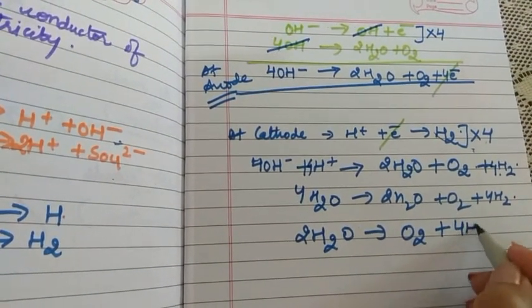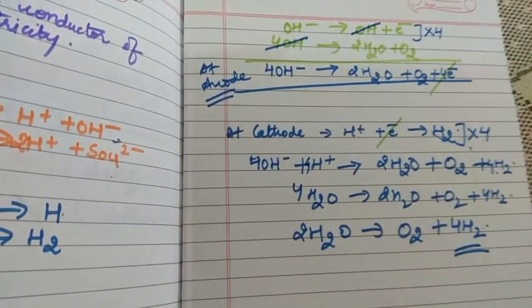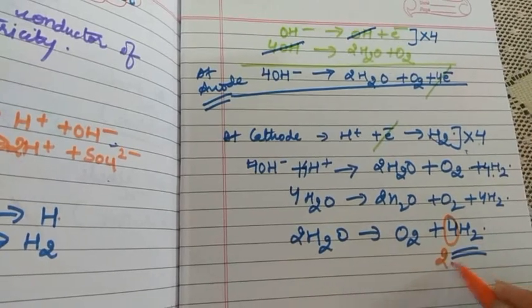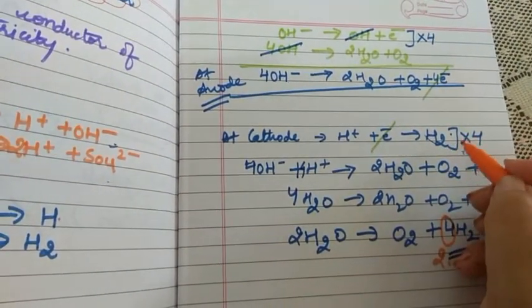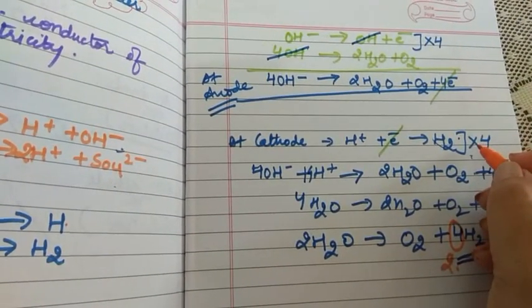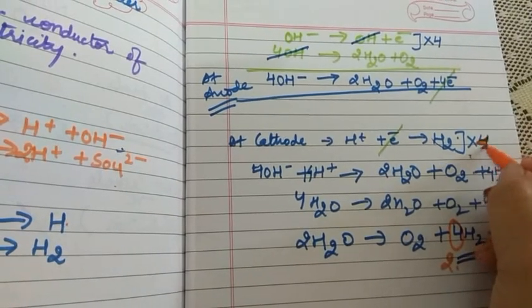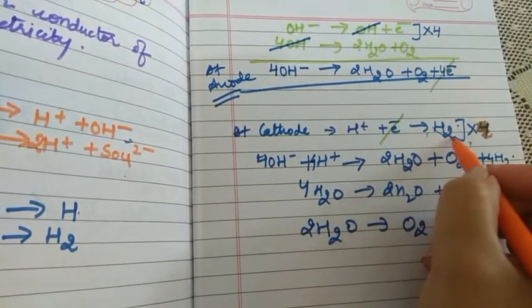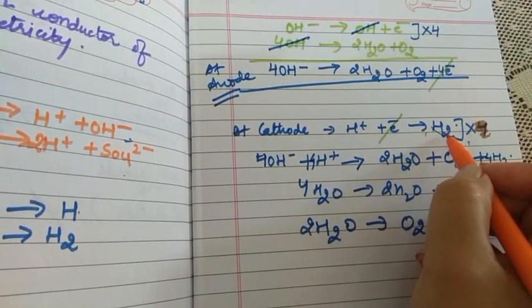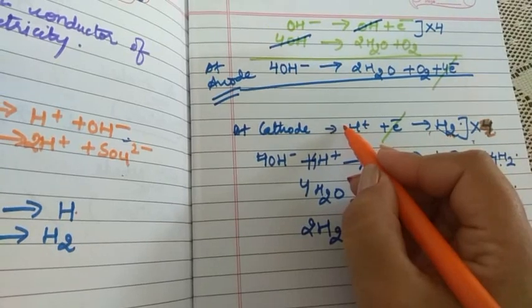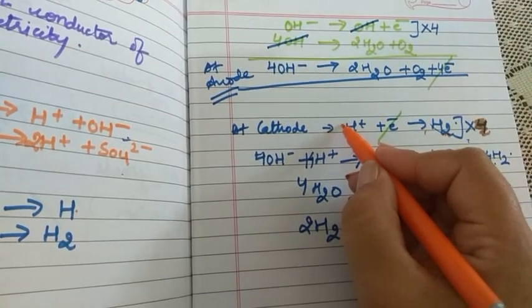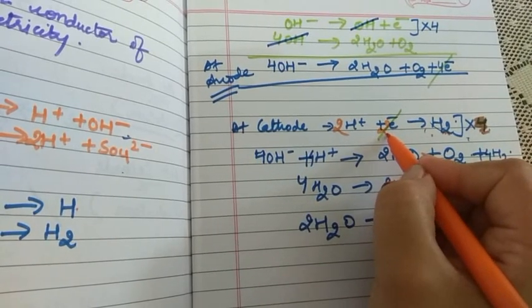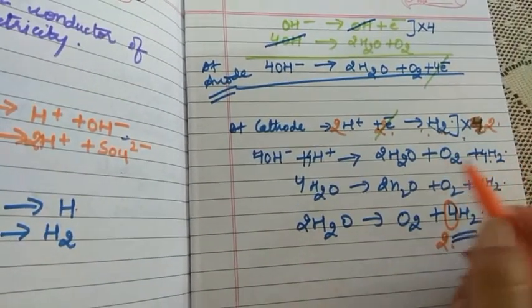Okay, here one mistake is there. Instead of 4 we will get 2. First balance this: 2 hydrogen, then 2 electrons, and multiply by 2.